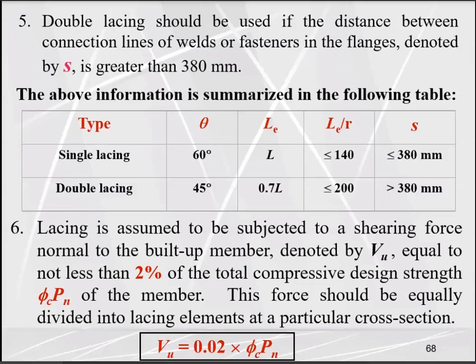But AISC says that we may consider that the shear forces acting in the transversal direction of our main member or built up section can be considered 2% of the capacity of the built up section. If we know the capacity of the built up section, then the total shear force which must be transferred from one section to the other in the transversal direction, perpendicular to the member, should be 2% of the φPn.